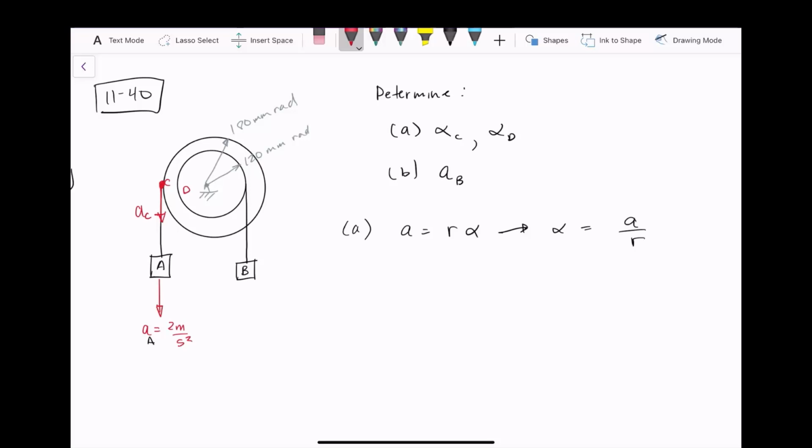That makes sense. They both are accelerating downwards at that given moment at the same acceleration. So that means that we can add the subscripts for C. So AC and alpha C.